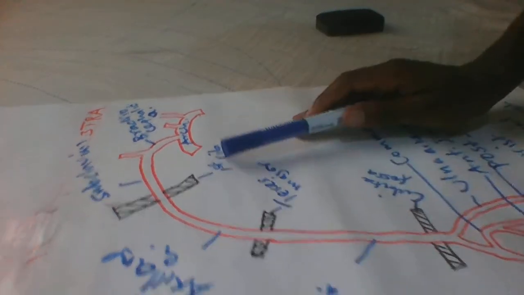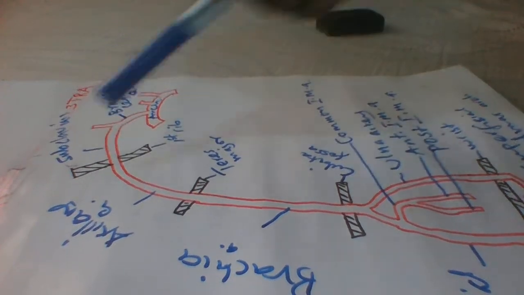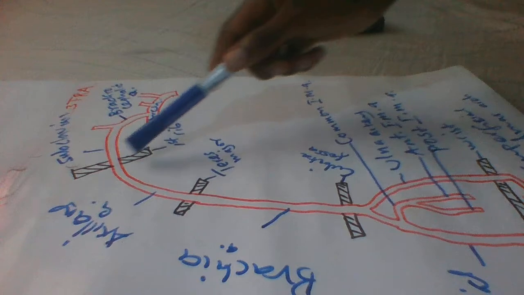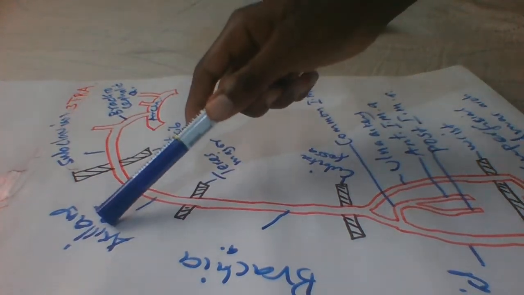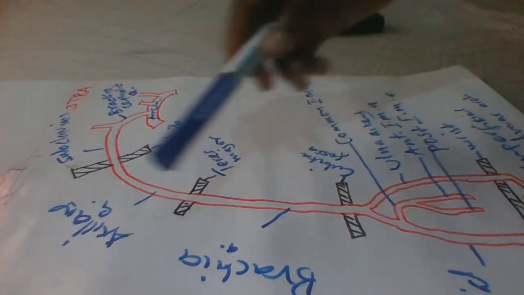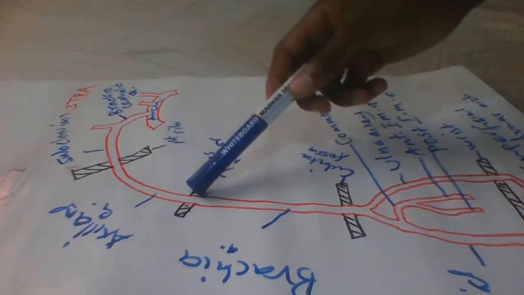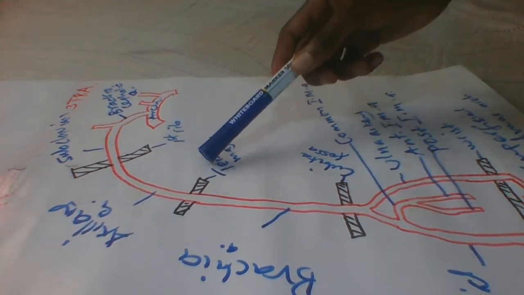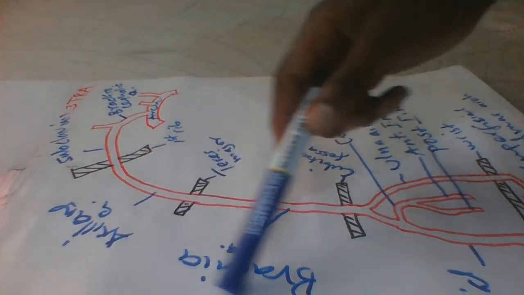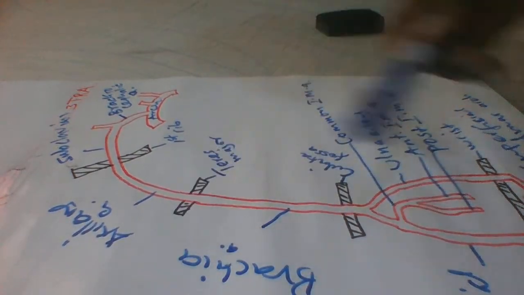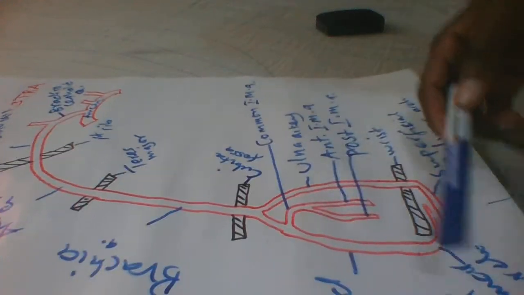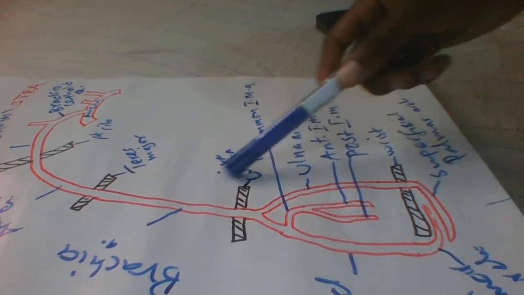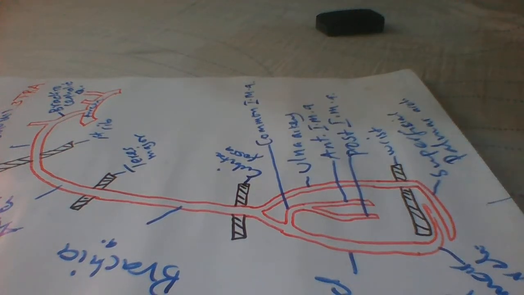The subclavian artery will continue to reach this boundary, which is the first rib, and bypasses over it to become known as the axillary artery. Then the axillary artery follows the same course up to the teres major muscle, where it changes its name to become the brachial artery. The brachial artery continues to follow the same course until the cubital fossa, around this region.